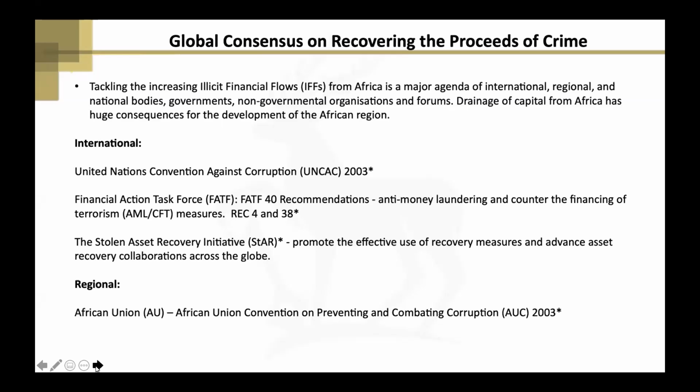But basically, why I make reference to these initiatives is to look specifically at the provisions on asset forfeiture. And I'm looking at Article 54.1c of the UNCAC and Article 16 of the AUCPCC, which refers to a non-conviction-based forfeiture mechanism as an additional or an alternative mechanism to recovering the proceeds of crime. Next slide, please. Thank you very much.